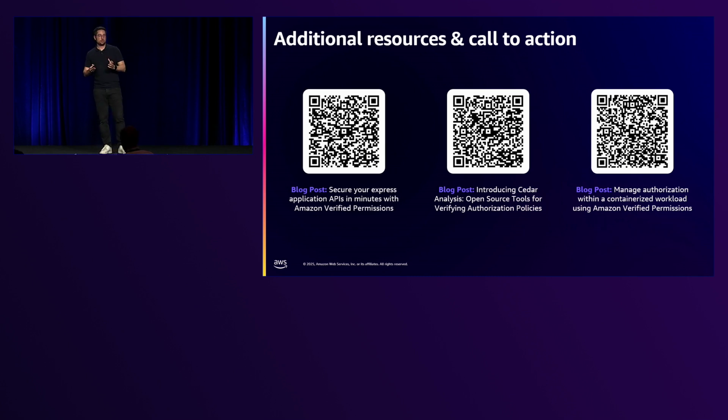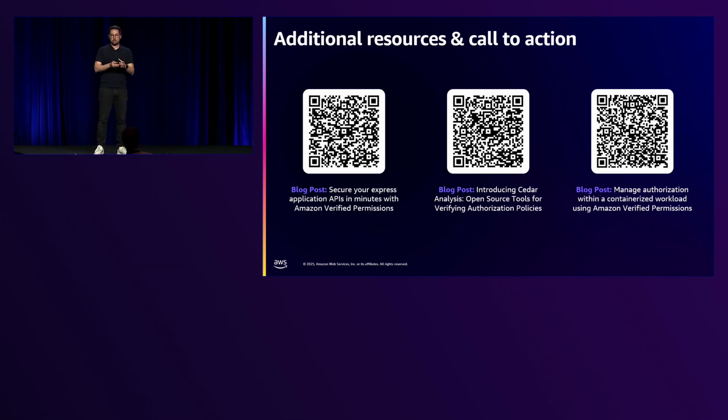I want to point out three additional resources that you can have a look at. The first is the blog post where we explain the release of the ExpressJS toolkit. The commands that you saw here will also be in this blog post. You can try this out with our sample application and get a look and feel yourself. In the center, you see the blog post for our release of the Cedar symbolic compiler and our Cedar analysis tools, which I showed on the page before.